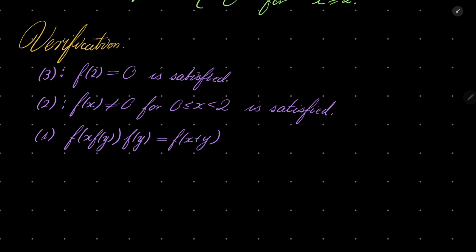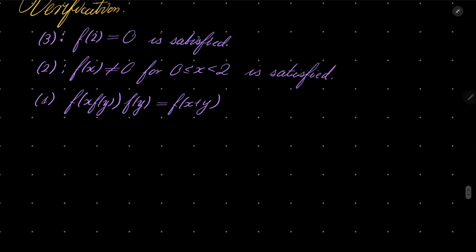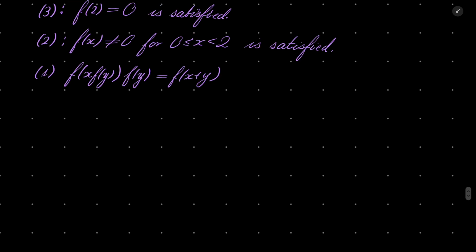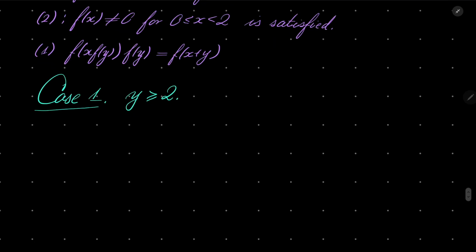And finally, the only problematic condition which requires some work is condition number 1. And now we have to do some work. I will consider separate cases. Case number 1. Y is greater than or equal to 2. Well, notice that then f of x times f of y times f of y, well, what is it?